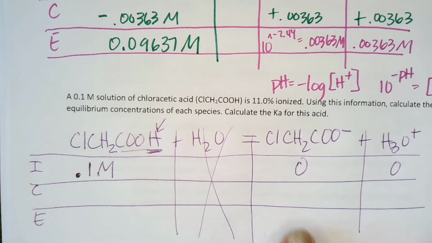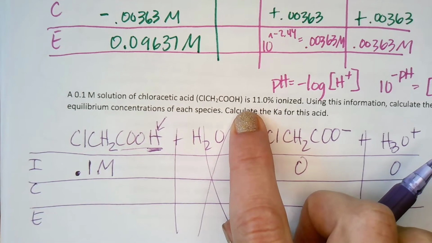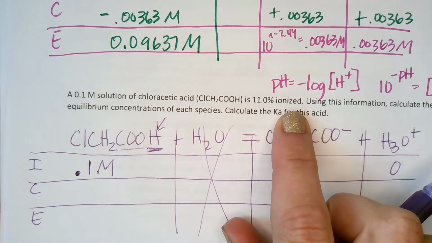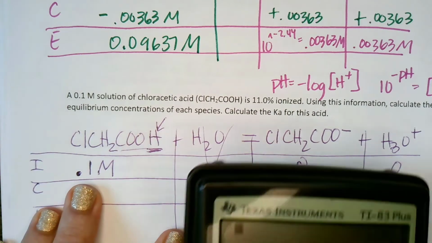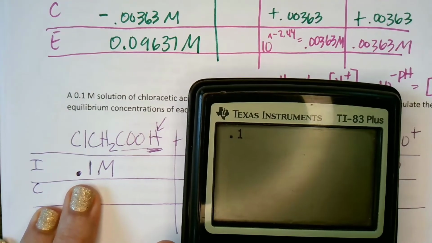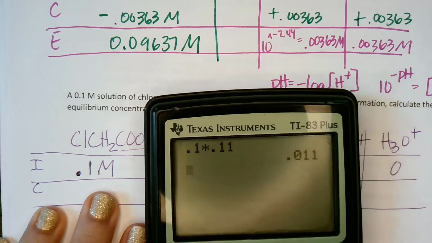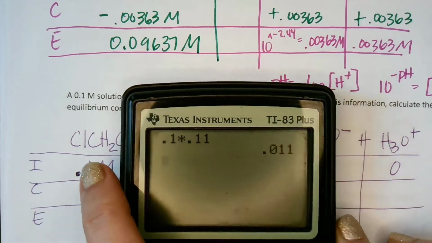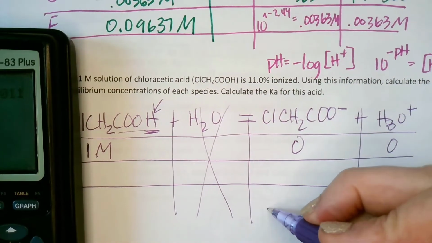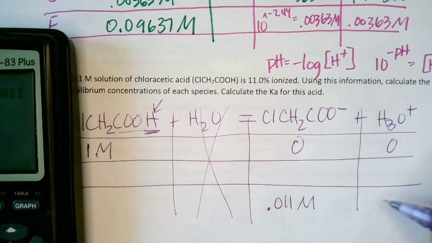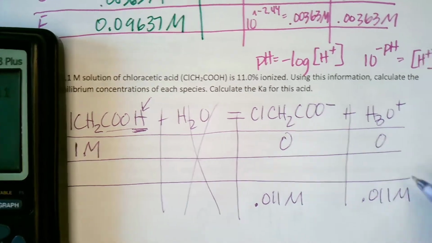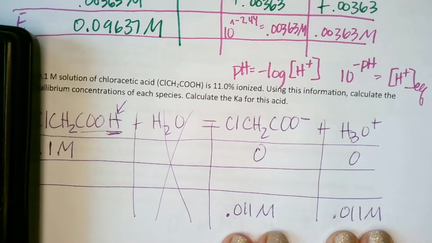Now it's telling us that at equilibrium, 11% is ionized. So let's take what we started with, our 0.1, and times that by 0.11. And we see here that at equilibrium, we have 0.011 molar of my hydronium, my conjugate base.